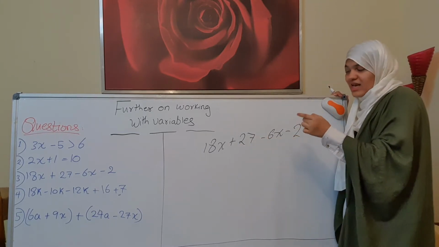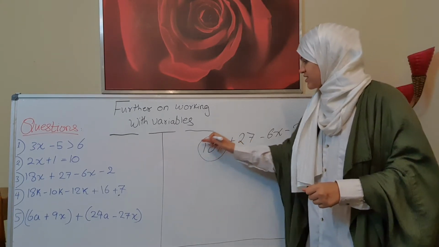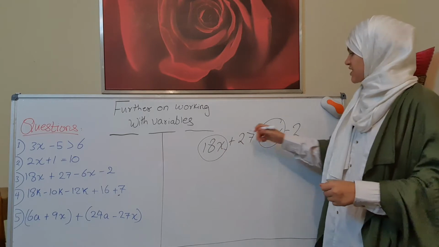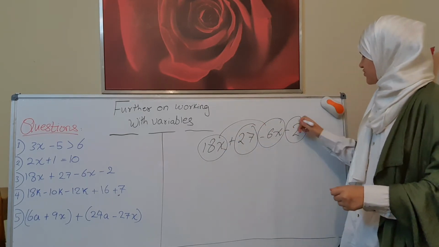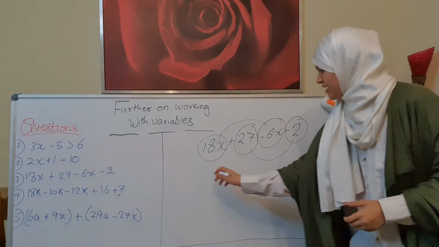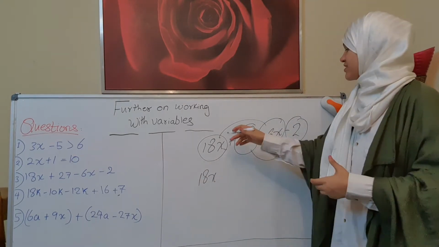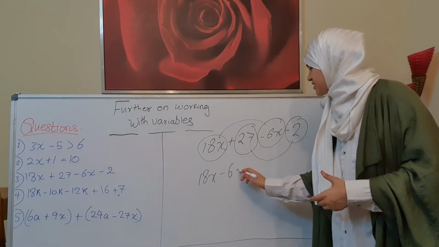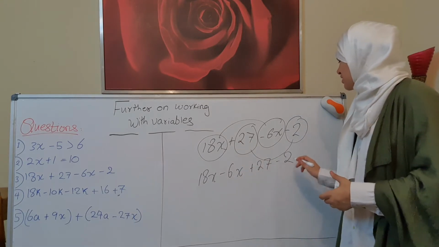We will collect the like terms together. Now, what are the like terms here? 18x and negative 6x are like terms. 27 and negative 2 are like terms. So that means when you arrange it, 18x minus 6x plus 27 minus 2.